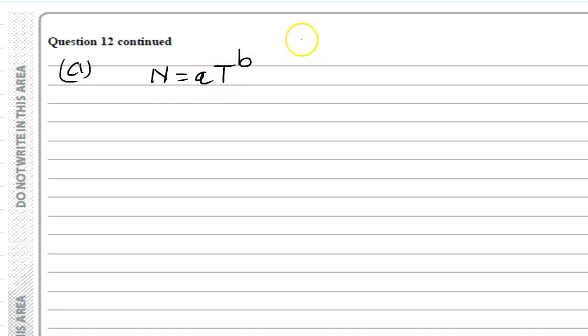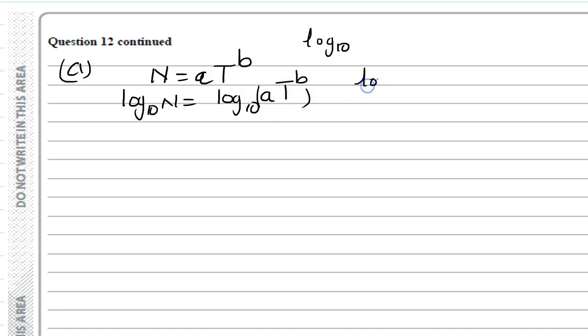So as I told you, you need to take log base 10 both sides. So let's take log both sides of a t to the power b. Here we can apply product rule: log base 10 of m times n is log base 10 m plus log base 10 n.